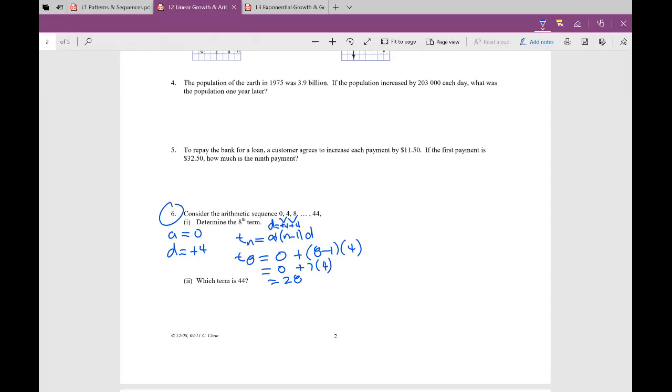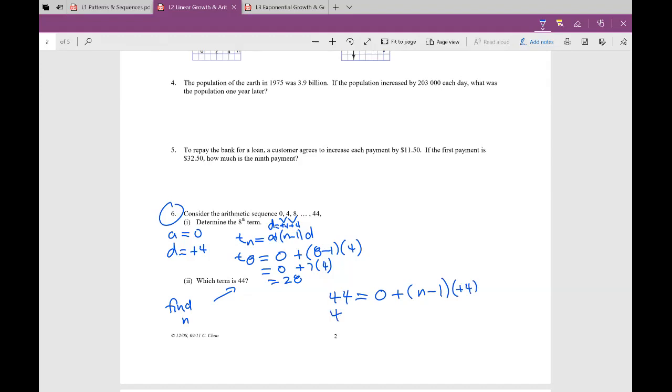Now notice the second question, which term is 44? Again, some students would say, why don't we just pad it out? The common difference is 4, so we can keep on adding 4 and then figure out what 44 would be. However, what we're trying to do is figure out the position, or really find n. That's what this question is asking you. So what could we do? 44 is equal to the first term, we know it's 0, plus n minus 1, and then d is +4.